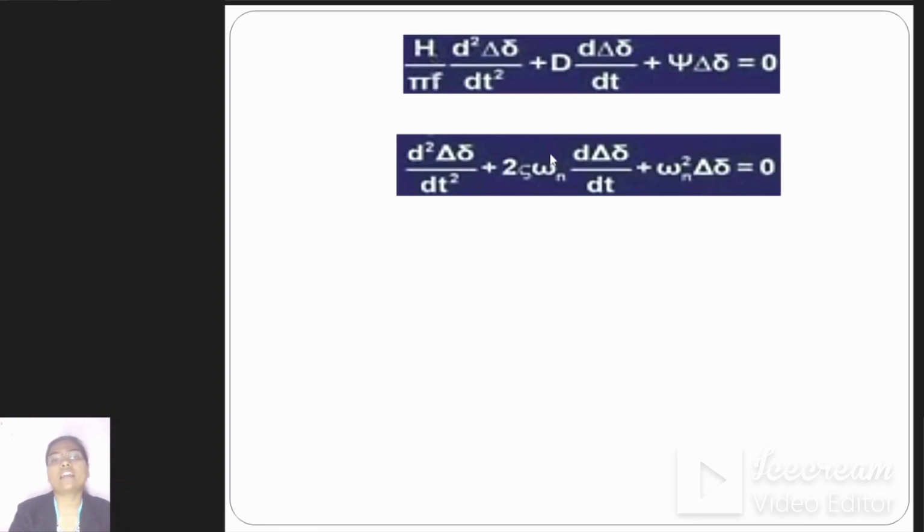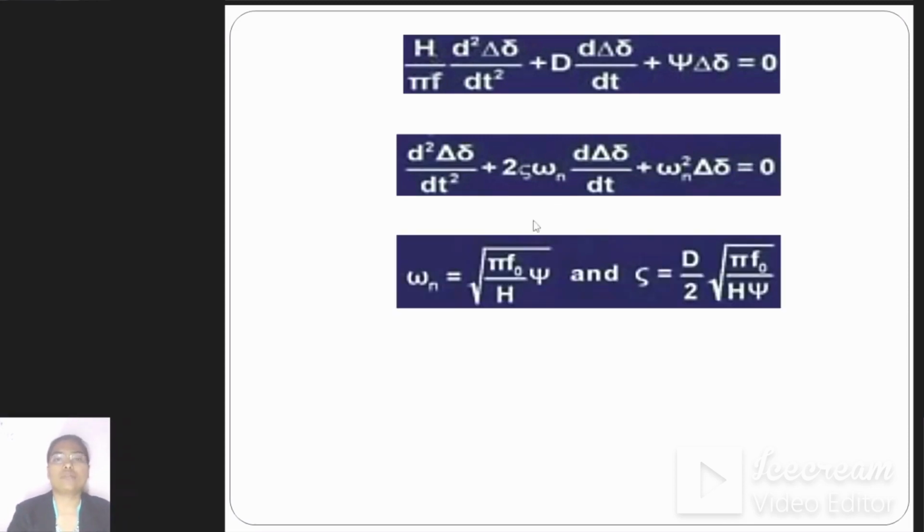Here omega n and zeta you know very well, you might have gone through them in your control system. I'm not going into the details. One can go through these parameters of zeta and omega n from any of the standard control system textbooks. So here omega n, naturally we get it as root over pi f0 by H into psi, and your zeta can be given as D by 2 root over pi f0 H by psi.